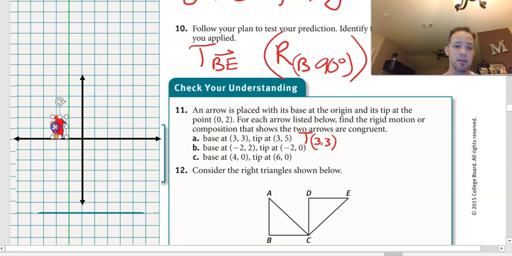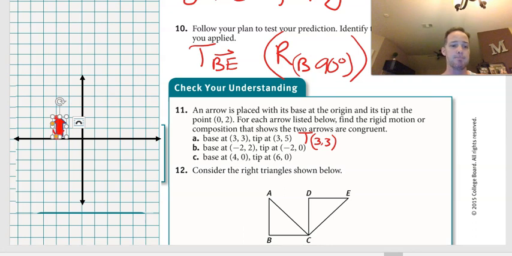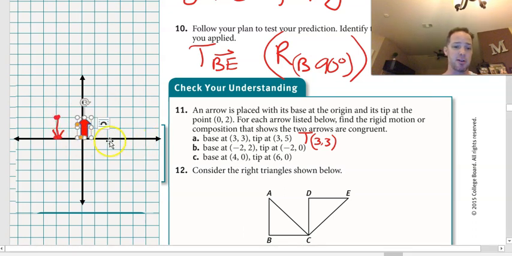You could translate here and then rotate about the point -2, 1 if you wanted to do that. You could reflect across the x-axis, so you could reflect across y equals 0. That's going to make it end up pointing down here, and then translate left 2, up 2. Lots of different ways you could do this one.